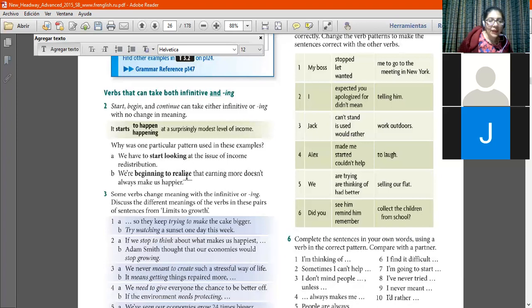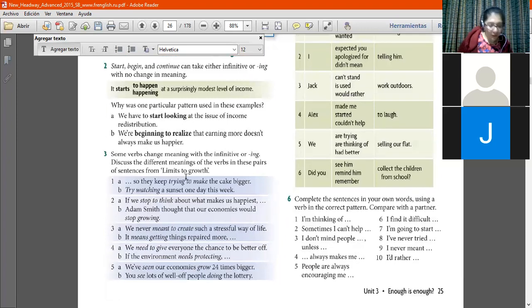Okay. So in exercise 3, we have 10 minutes. Some verbs change meaning with infinitive or ing. Discuss the different meanings of the verb in this pair of sentences from limits to grow. So we have to read each one and the different meanings.